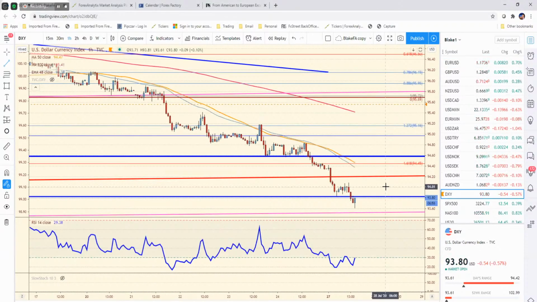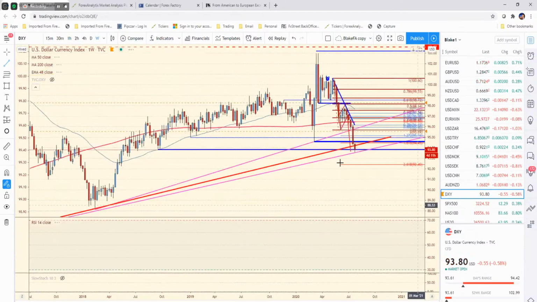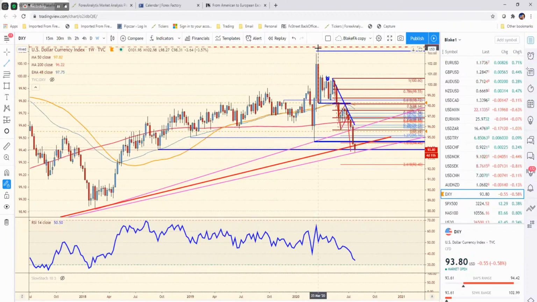Let me explain this as a generalization. The dollar is a safe haven currency, but we have to see a big financial shock to move the dollar up aggressively in a period of risk aversion. Like what we saw when the whole world went on lockdown, the dollar went straight up for a couple of weeks, and then it obviously eased off.